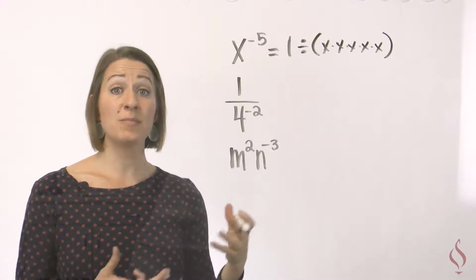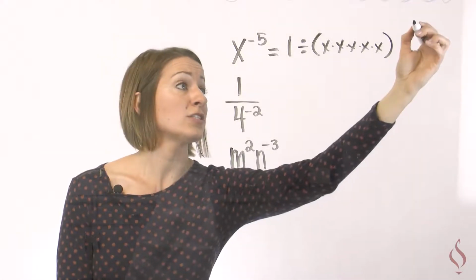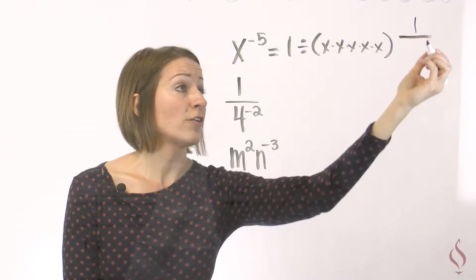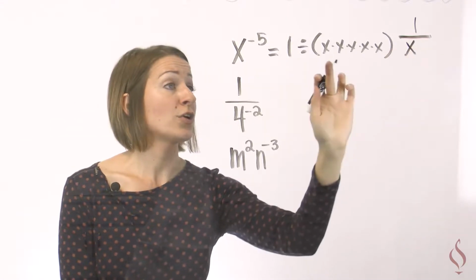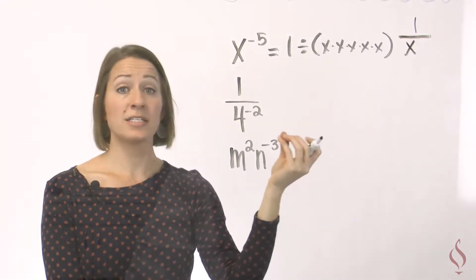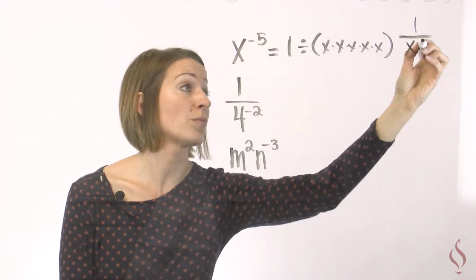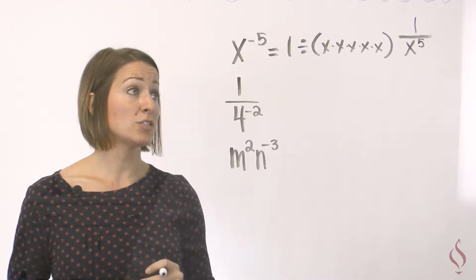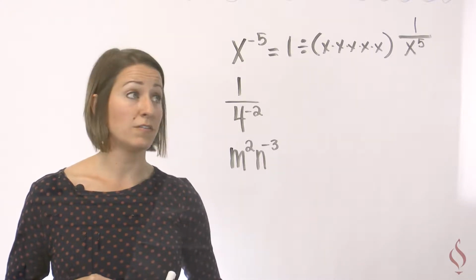This is going to make a fraction, so 1 stays in the numerator. We write our fraction bar, and then we rewrite this product back into exponential form and without the negative sign. So this answer is 1 over x to the 5th.